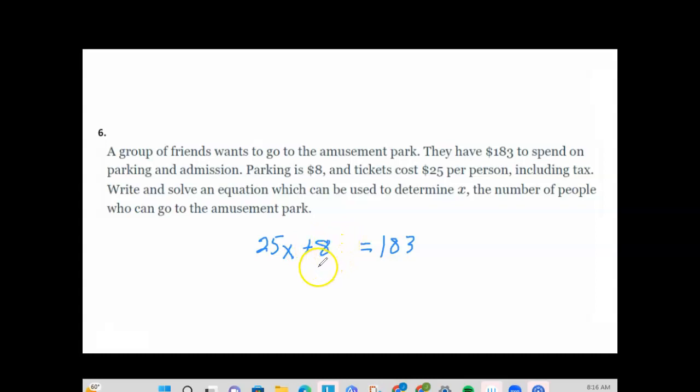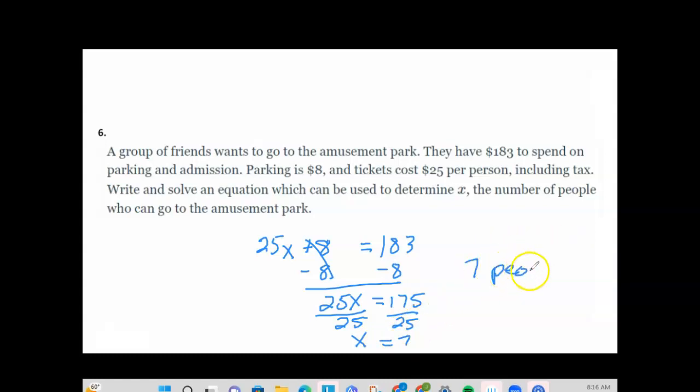So subtract 8. 25X equals 175. Divide by 25. We get X equals 7. So 7 people can go to the amusement park.